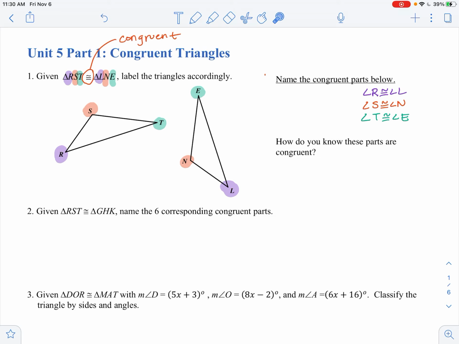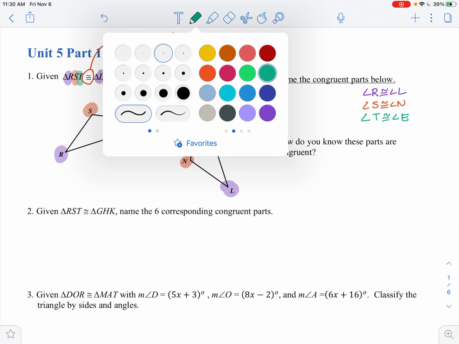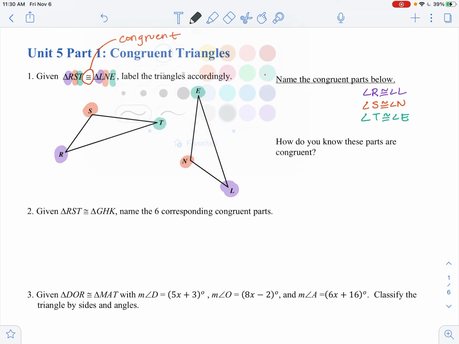Now, I also have not just 3 sets of congruent angles, but I also have 3 sets of congruent sides. An easy way to figure out what sides are congruent can be to do what I just did, which is label the angles. So I know the side that connects my purple and my orange is congruent to the side that connects my purple and my orange. Or another way to think about it, R to S is congruent to L to N. So I can pull it straight from that statement.